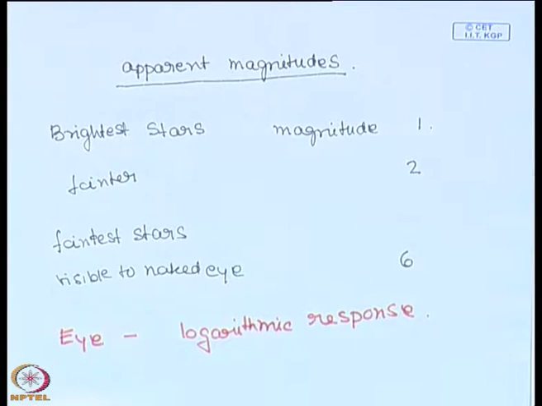What do we mean by this? What we mean is that if you have an object and you have another object, if you increase the flux by 2 times, it will not appear twice as bright to you. The difference will be relatively small. Okay. It is the log of the ratio that you will see as the change in the brightness.